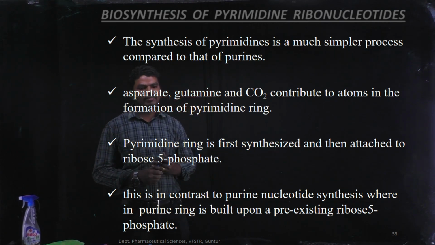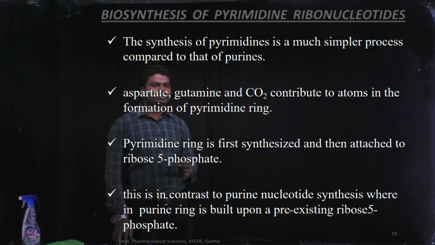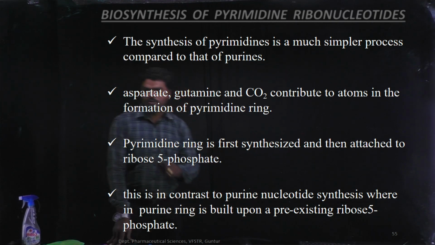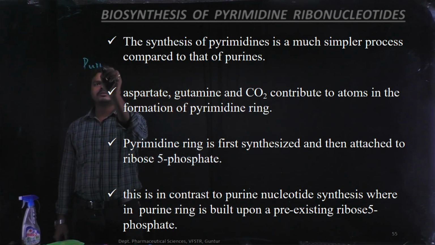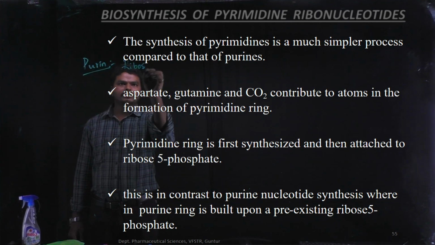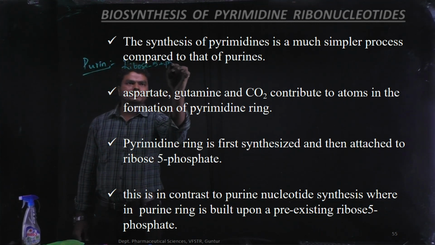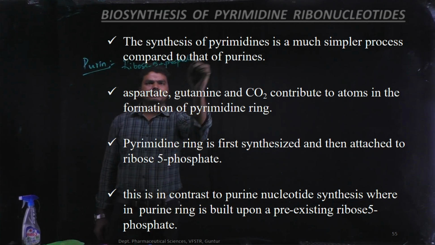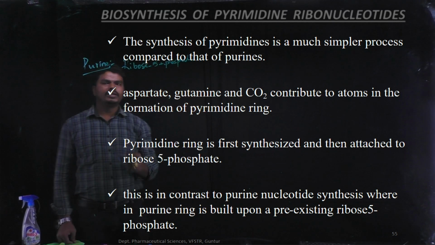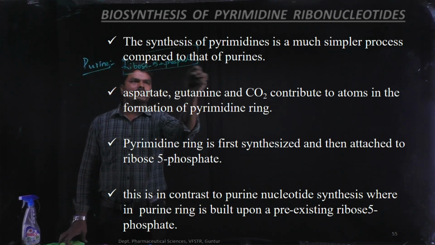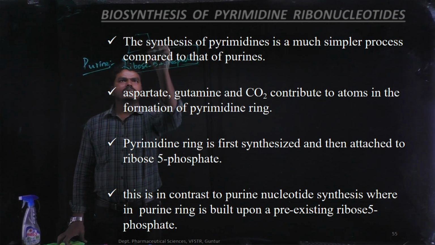The pyrimidine ring is first synthesized and then attached to ribose 5-phosphate. But in purine biosynthesis, the construction of the purine ring takes place on the ribose 5-phosphate molecule.